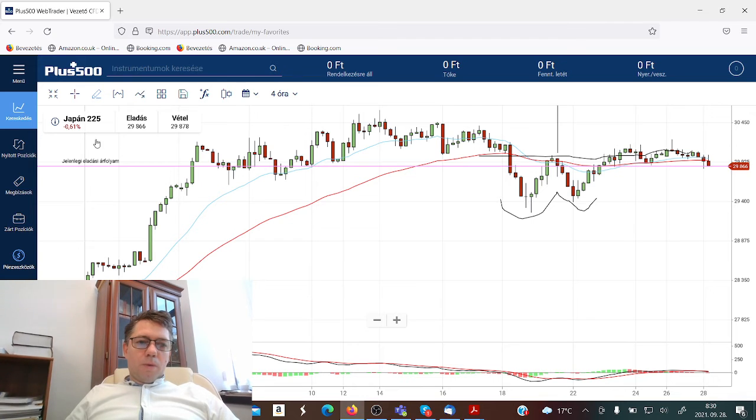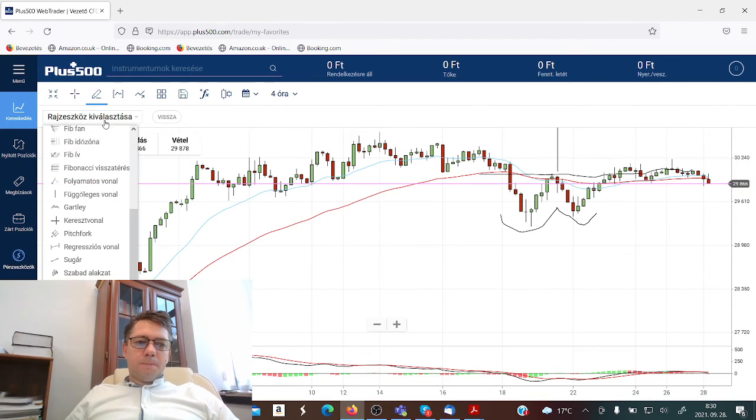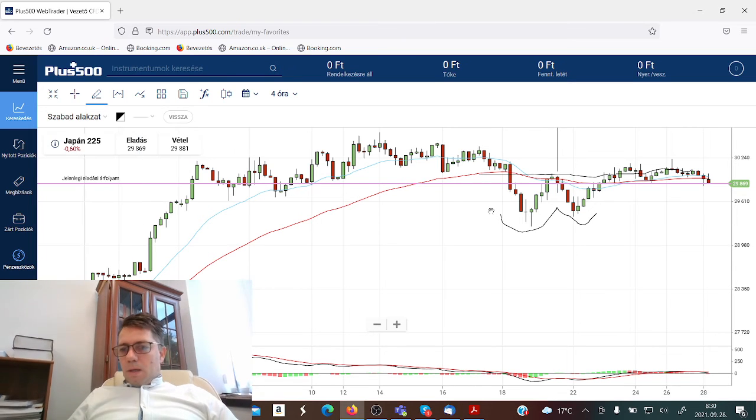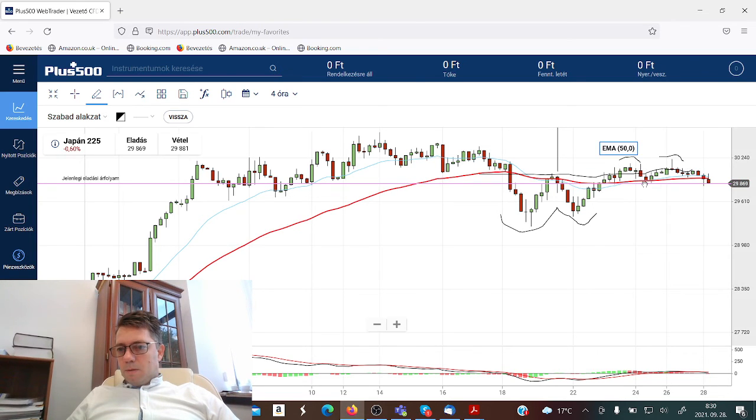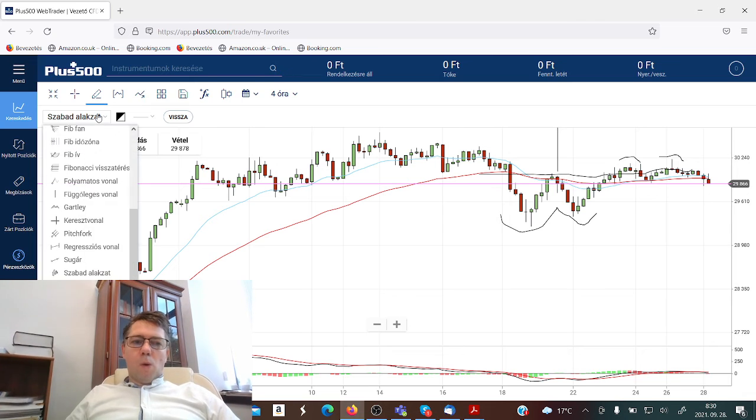let me show you one more thing. Here, this could also be an M pattern, double bottom, but it suggests just a small fall.